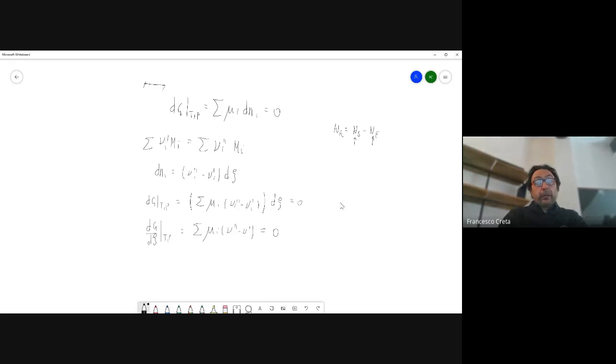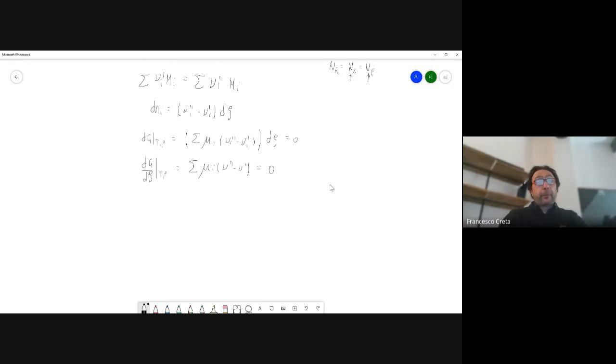Now we can take a step further, because we know that the chemical potential has an expression: standard state for the pure species plus RT logarithm of x_i, and so we can substitute this here, and this will be a condition of equilibrium.